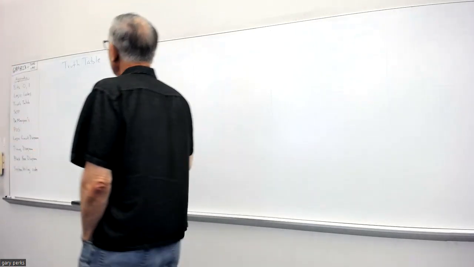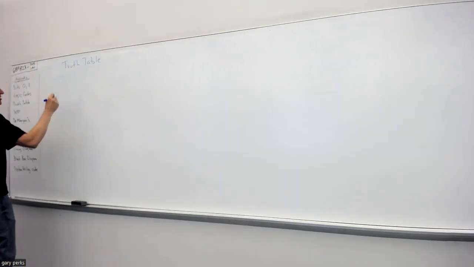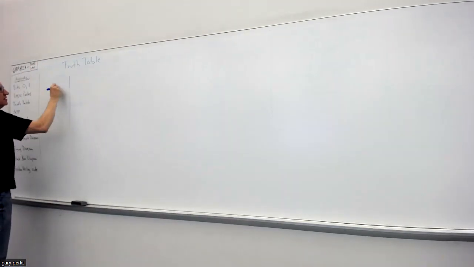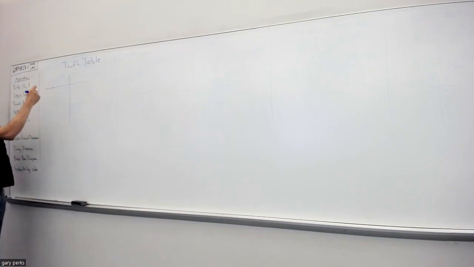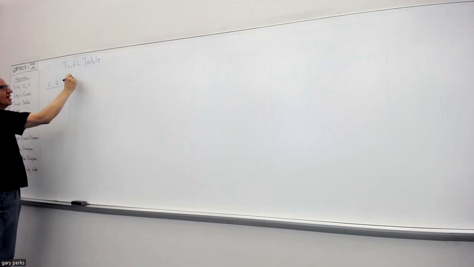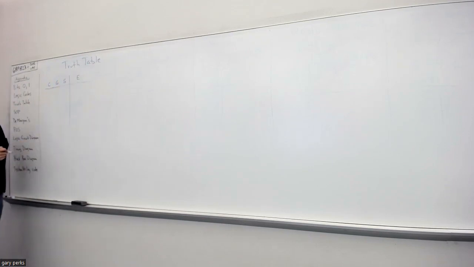Okay. So I'm going to make this truth table. And on the input side, I'm going to use a variable C, and you'll see what this stands for in a second, G and S, and I'm just going to have one output that I'm going to use E.